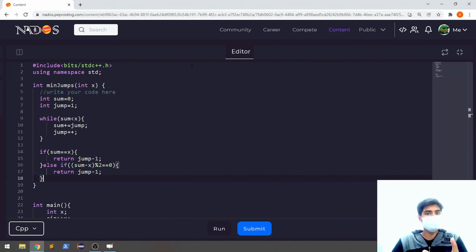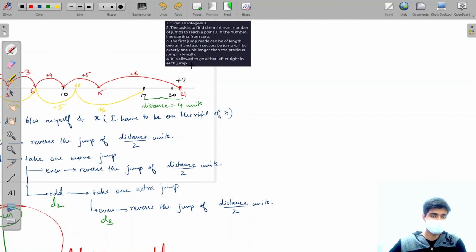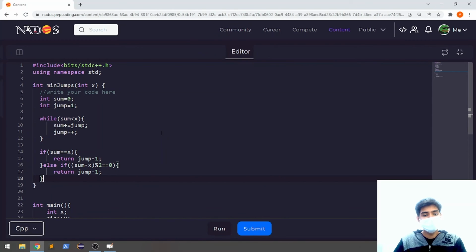If this is even length, do I have to take any more jumps? No, I just have to reverse the jump of distance by 2 units. I don't have to take any more jumps. So for this case, I'm just going to say return jump minus 1. This will be the same as the previous case.